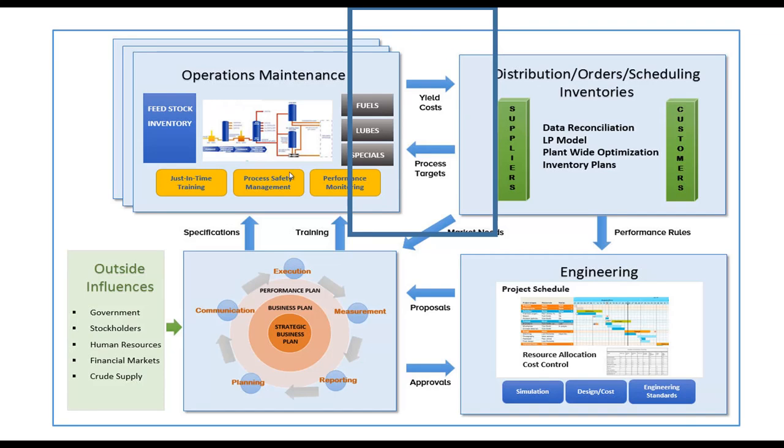So these are the business processes that we have, let's say, in a refinery, where management, planning, and engineering define proposals and approvals and implement how these different plants are operating. The scheduling plant is going to set up some of the process targets for every unit in a refinery.